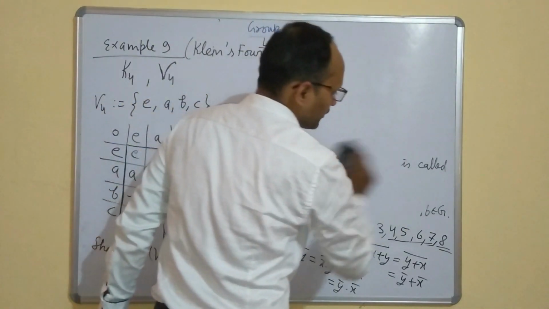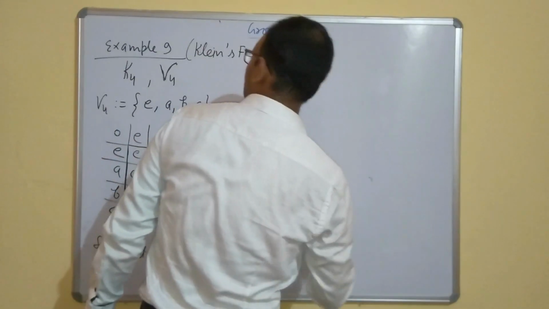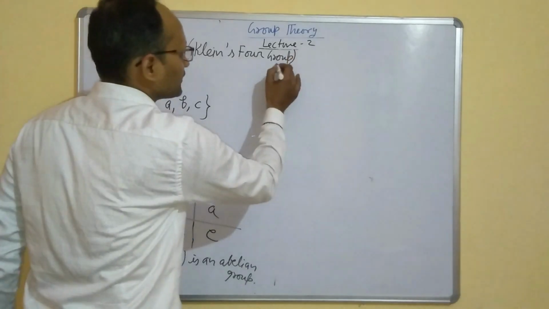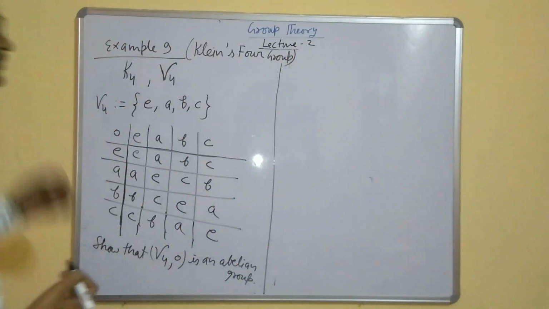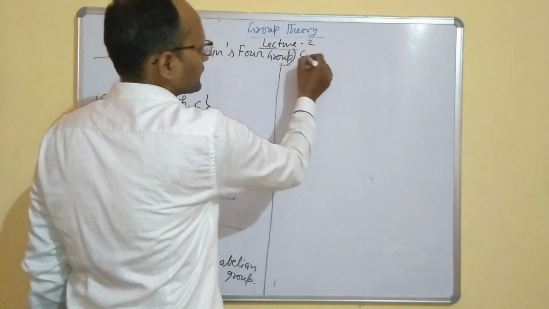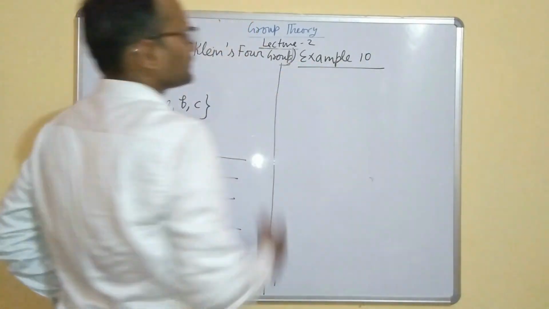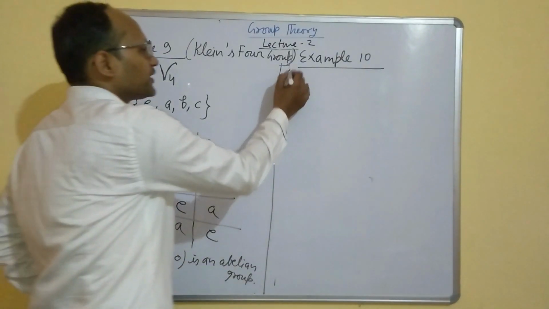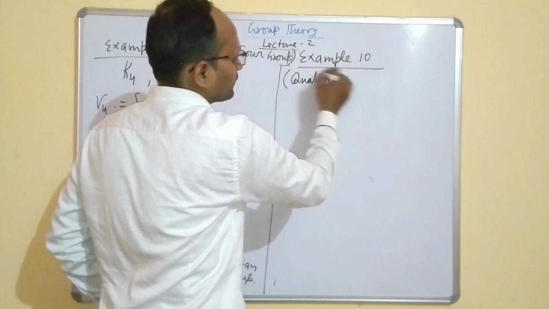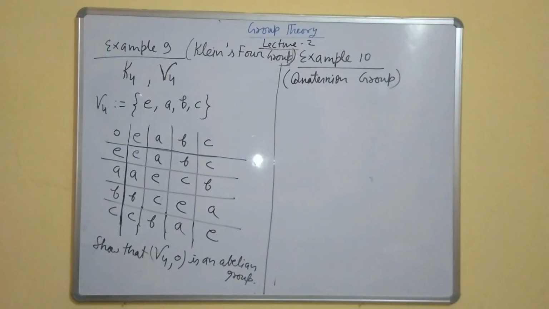Now I am coming to an example of a non-abelian group. I have given you 9 examples of abelian groups. There are many more, but 9 examples I have given you. So now example 10 is the Quaternion group.